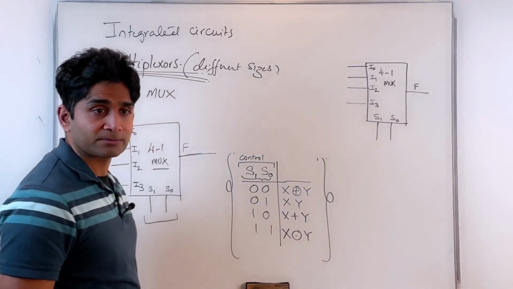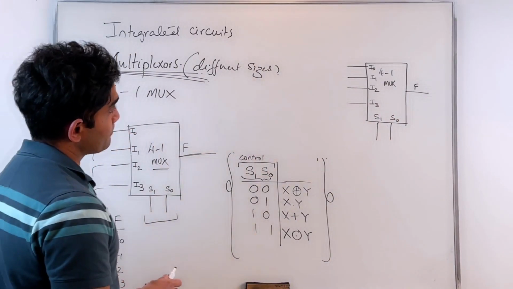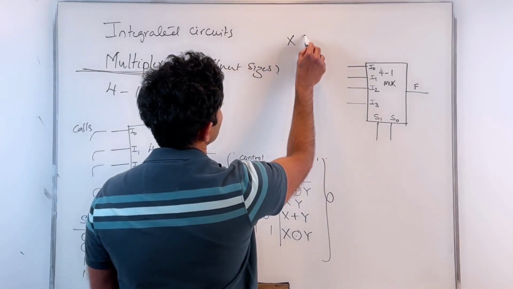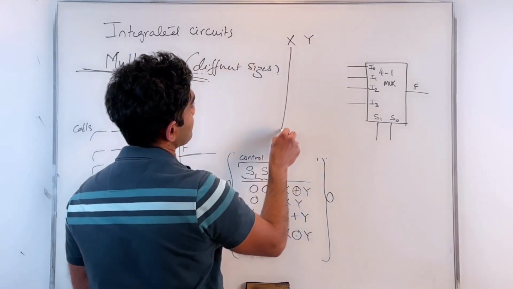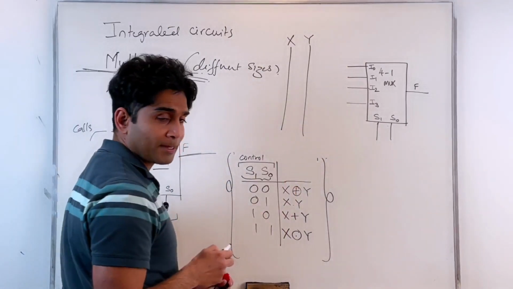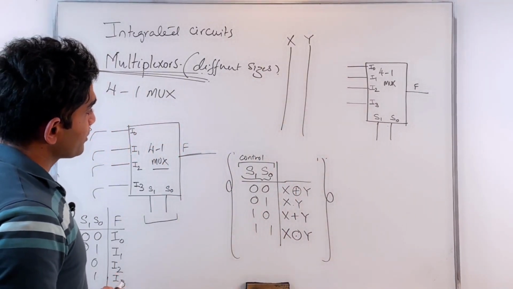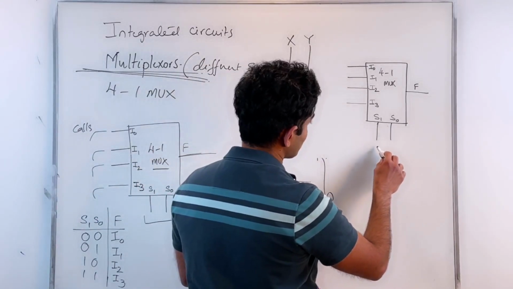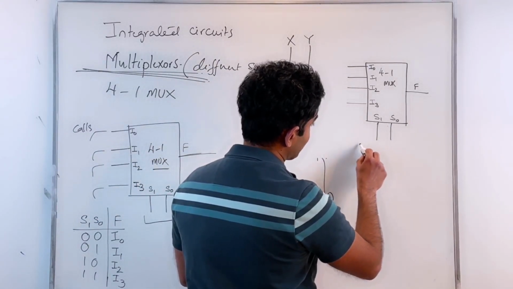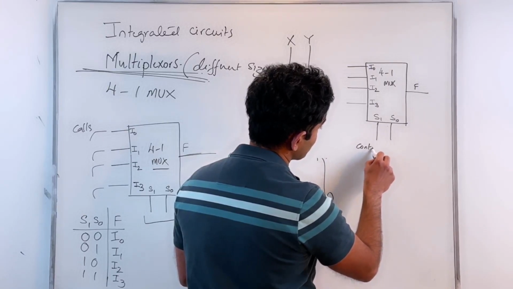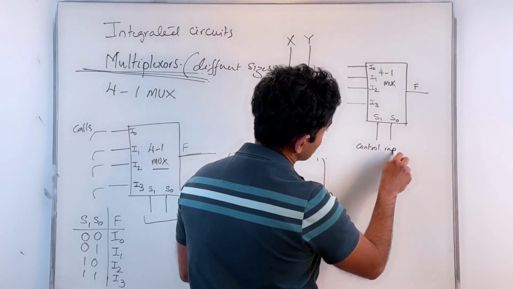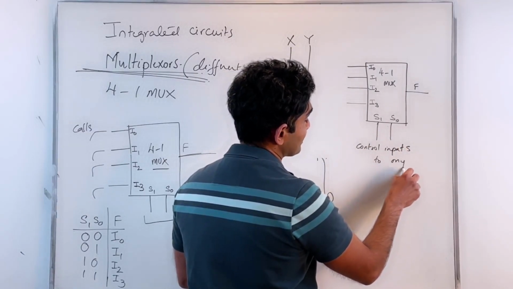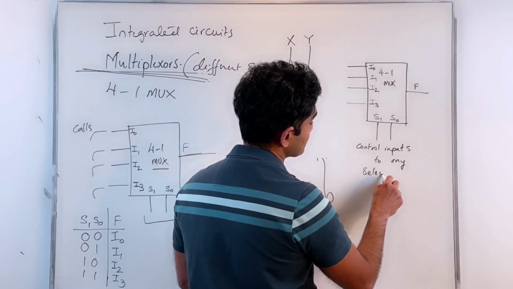That's a 4 to 1 mux. And I would like to get the functionalities. So let's say these are my inputs, X and Y. Now I am applying my control inputs to the selector pins of my multiplexer.